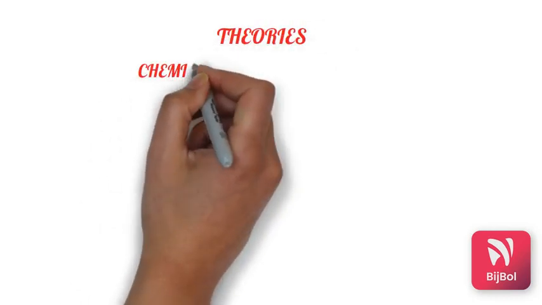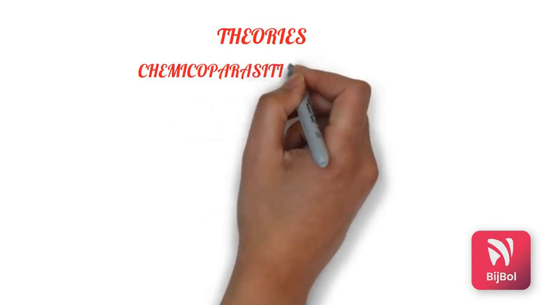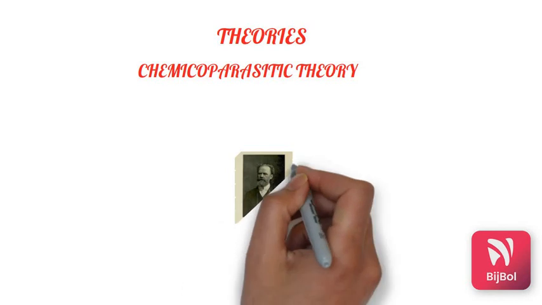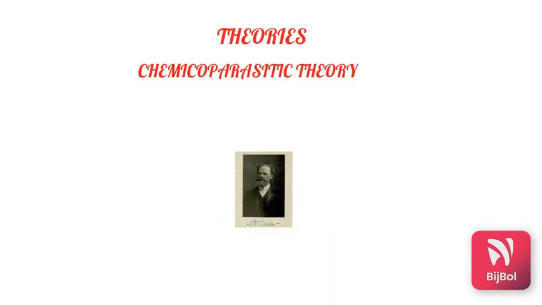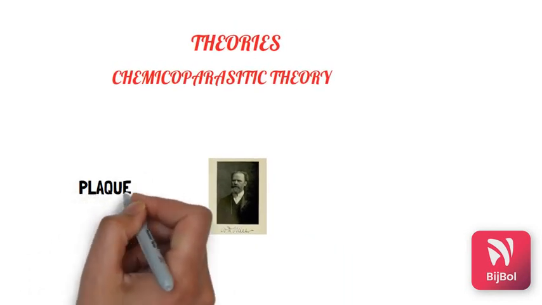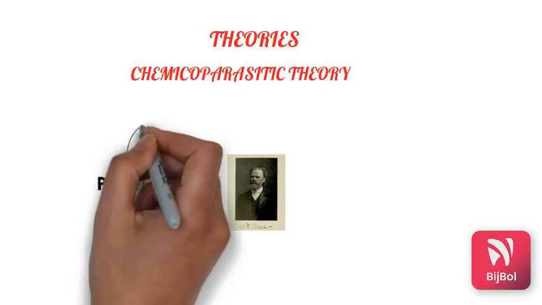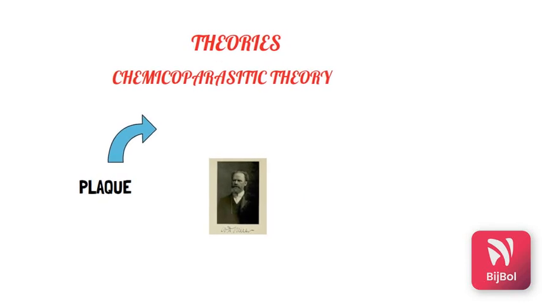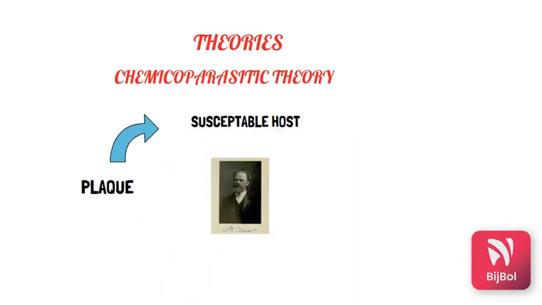Now we'll see about the theories of dental caries. One of the earliest theories is the chemico-parasitic theory, and this is the most acceptable theory, which was put forth by W.D. Miller in 1890. The plaque contains oral bacteria, so this oral bacteria will go and sit on the susceptible host, that is the tooth factor.